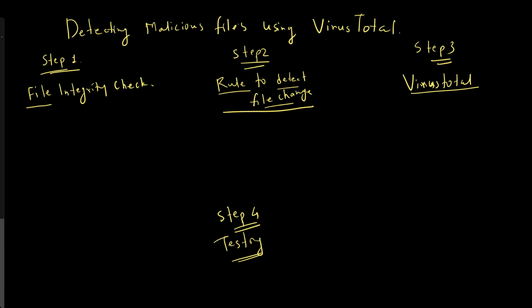Right, so let's start working on our sixth hands-on lab, which is to detect malicious files using VirusTotal. Now, what is VirusTotal? VirusTotal is a threat intelligence platform where you can submit a malware sample or any suspicious file.